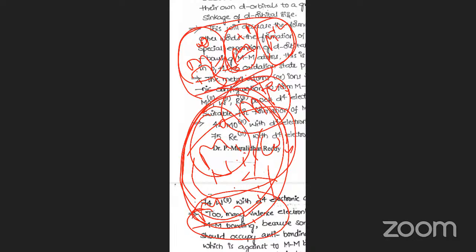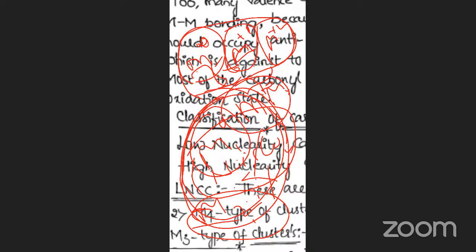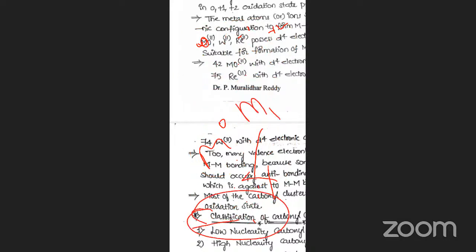In high nuclearity carbonyl clusters, some electron deficiency is there. Why?